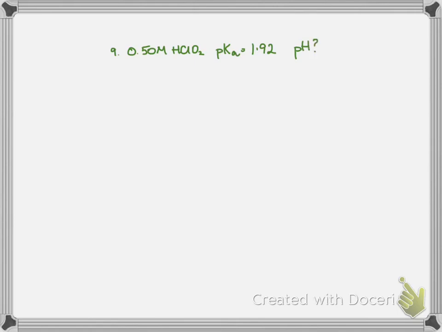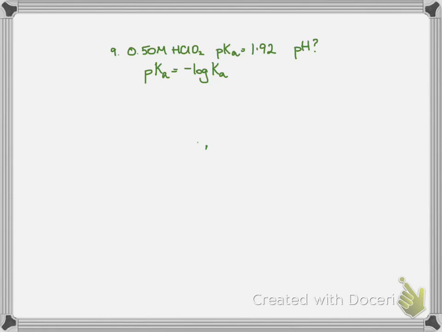Okay, so if you're not sure about pKa, think about what pH means. pH means minus the log of the hydrogen ion concentration. Well, pKa means minus the log of the Ka.